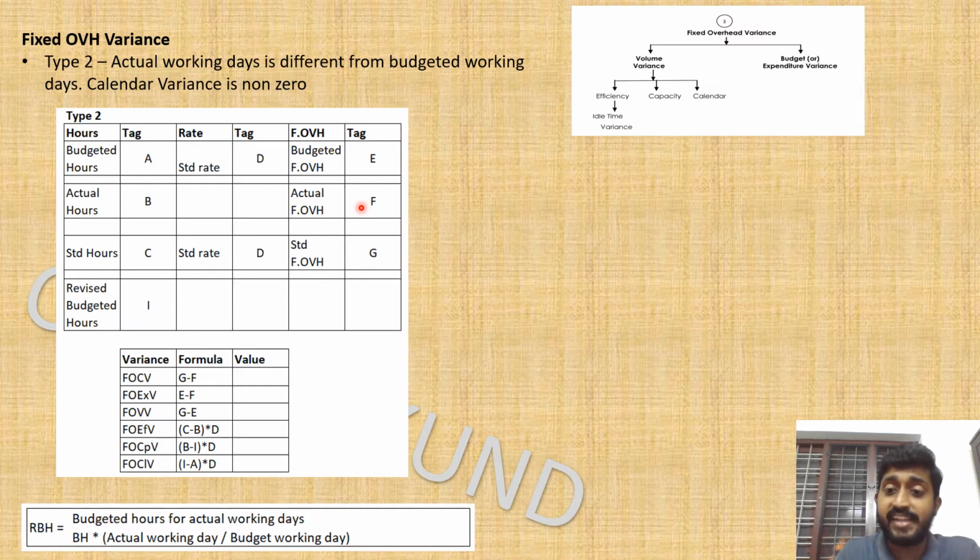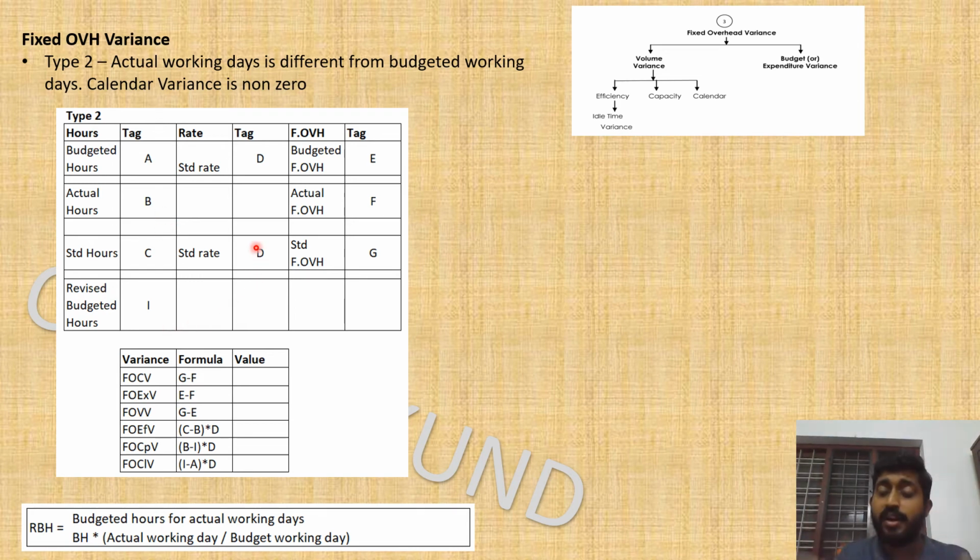And volume variance is also very simple: standard fixed overheads minus budgeted fixed overheads, because the change in hours will be captured there. Next is the efficiency variance. There is no change in the efficiency variance. C minus B, which is (standard hours minus actual hours) multiplied by the standard rate. Next comes the capacity variance. Capacity variance is (actual hours minus revised budgeted hours) multiplied by the standard rate. So B minus I multiplied by standard rate.